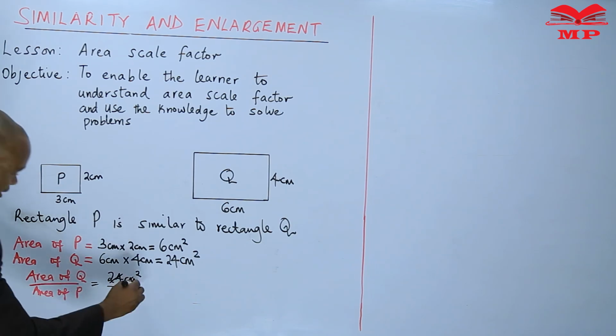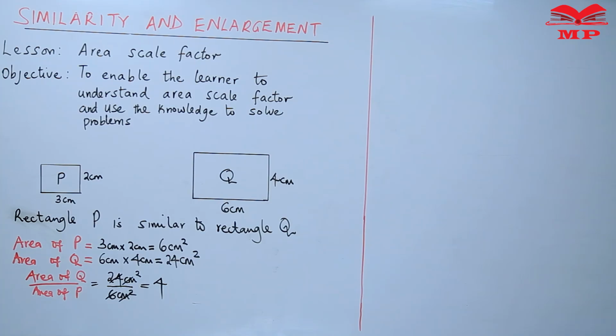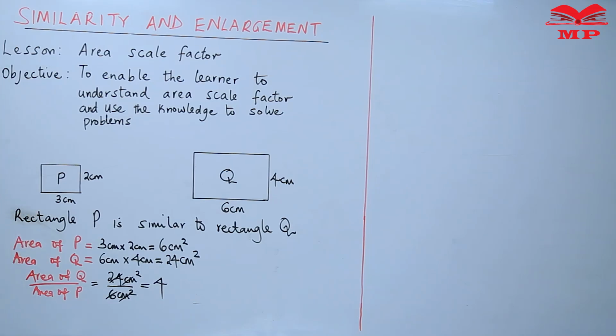The centimeters cancel, and I get 4. So the area scale factor, when comparing the smaller rectangle and the bigger rectangle, is 4.